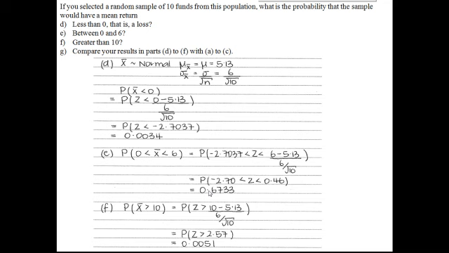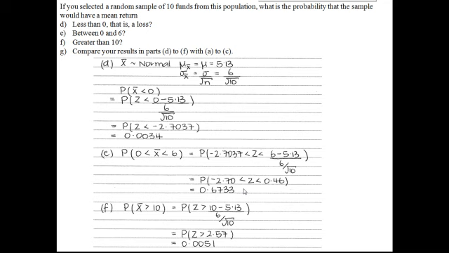So to change 10 into an equivalent z-score, we need to subtract the mean of the distribution, 5.13, and then divide by the standard deviation of the distribution, which is 6 over the square root of 10. Put that into your calculator and the equivalent z-score is 2.57.